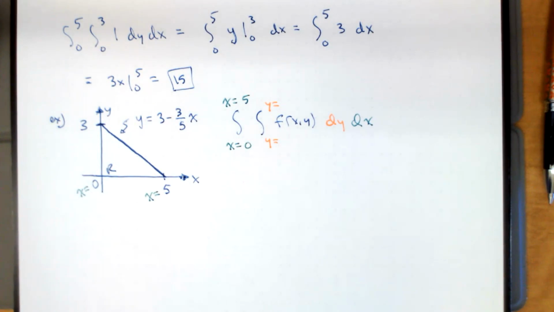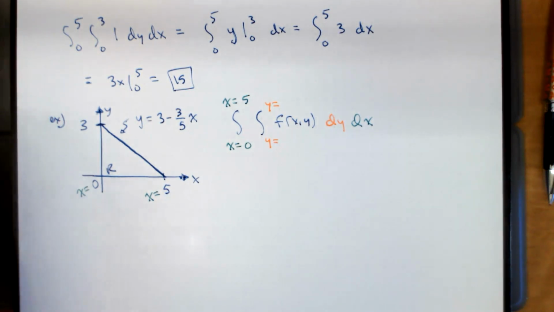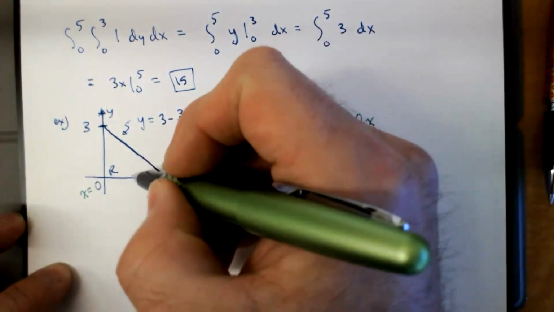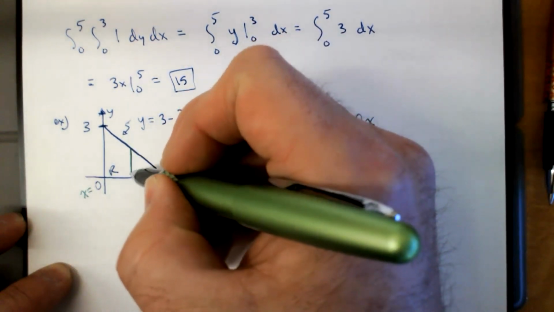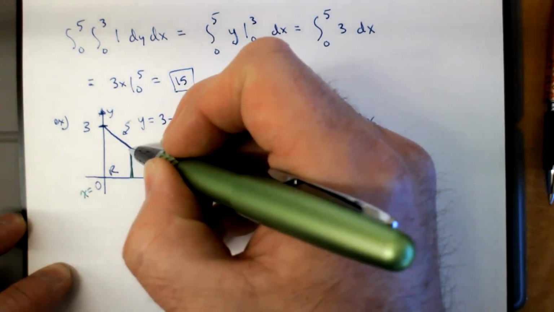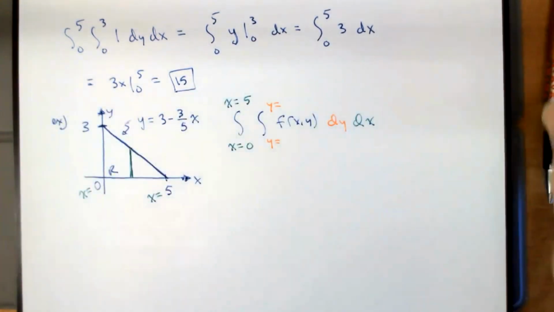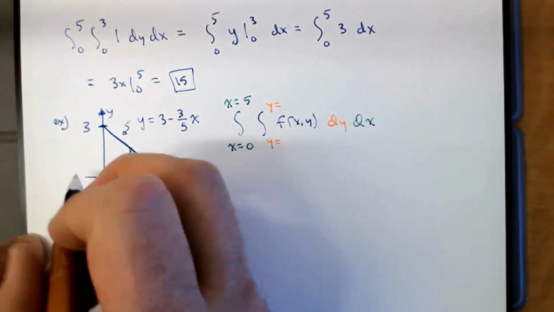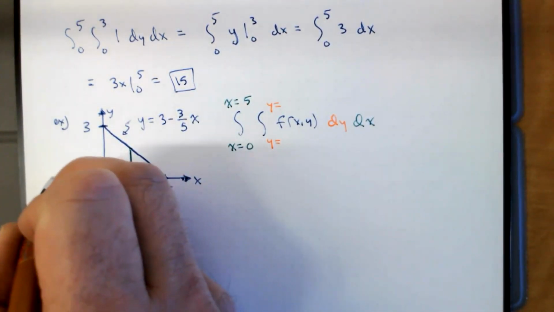Next, what we're going to do is say what y is between. So we're going to pick a typical x value, find the lowest y, and then the highest y. For a typical value of x, it looks like the lowest y value is y equals 0.